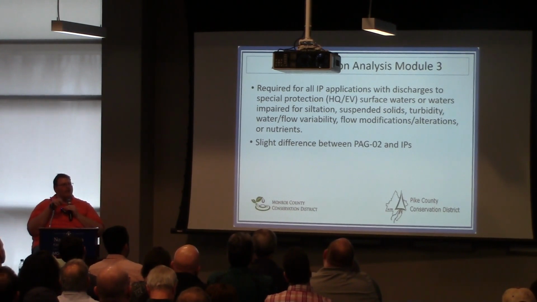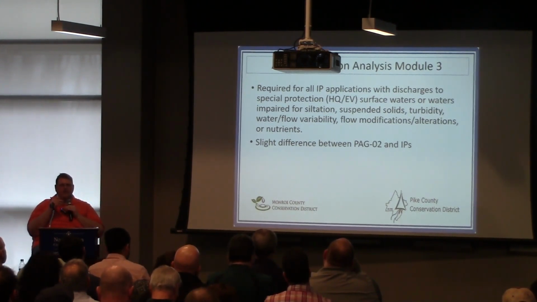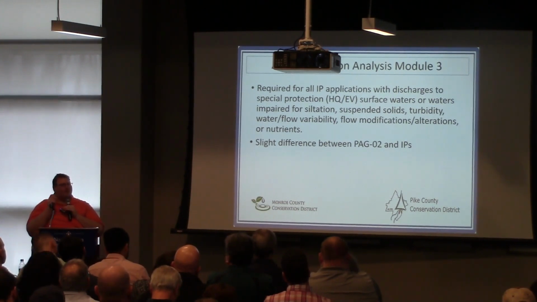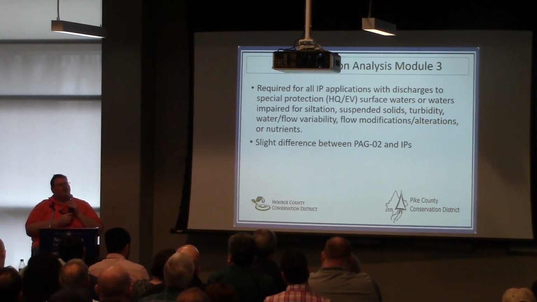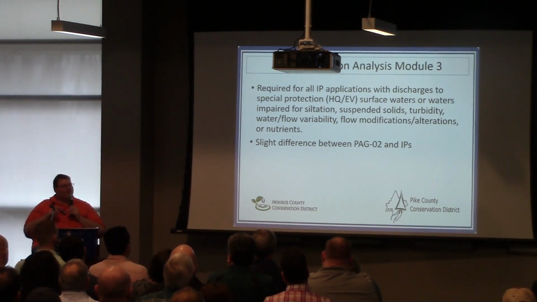It's required for all individual applications with discharges to special protections, so that's HQ and EV, and surface waters that are impaired for those impairments, which we talked about sort of earlier.